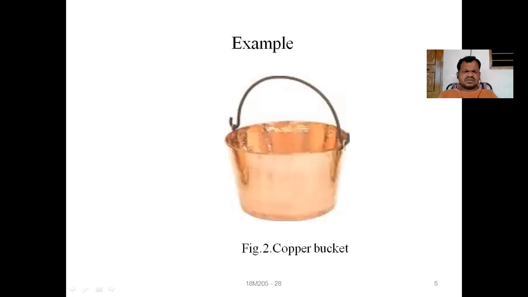Another example is copper buckets. Somewhere we also use brass buckets. This is a copper bucket, and this is a handle, used to hold the bucket and carry it from one place to another.